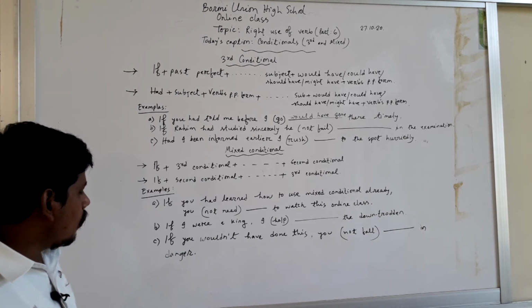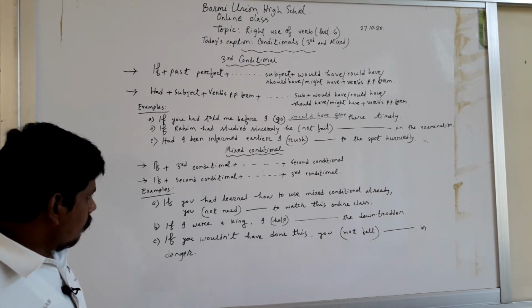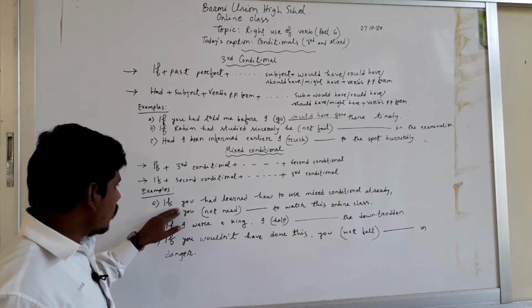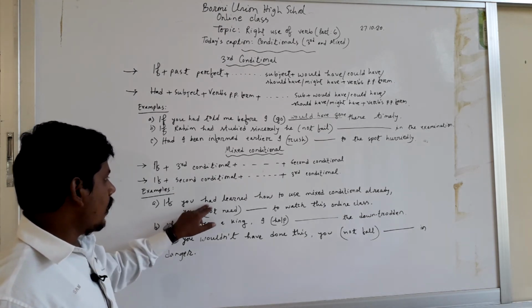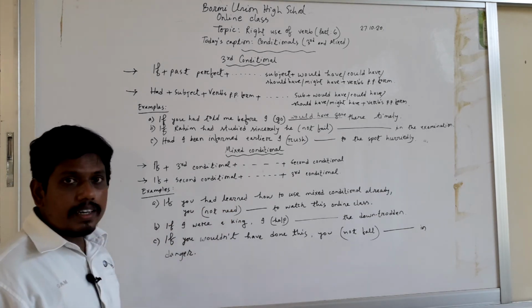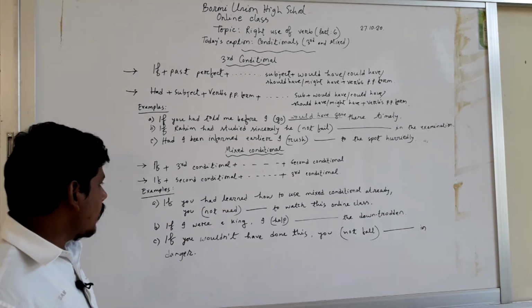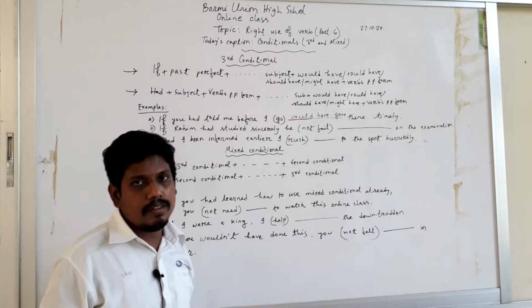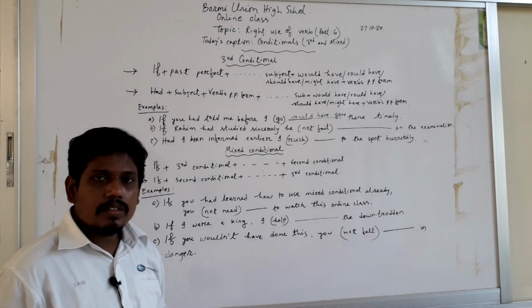Students, what conditional do you notice here? You will notice if plus you had learned. This is third conditional. And if you find third conditional after if, then you have to write the second conditional in the result part.